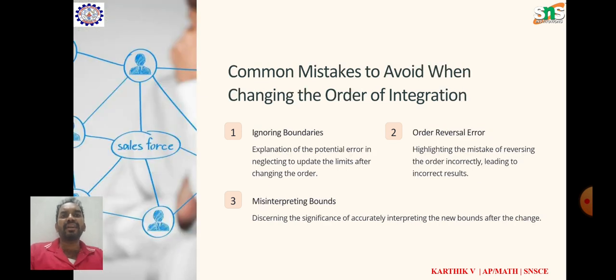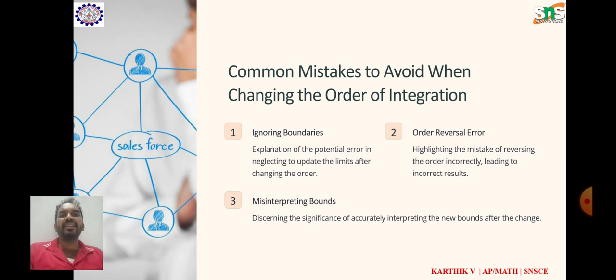Common mistakes to avoid when changing the order of integration. When we change the order of integration, there are several common mistakes to avoid. First one, incorrectly identifying the region of integration. It is crucial to accurately identify and understand the region of integration in both original and transformed orders.